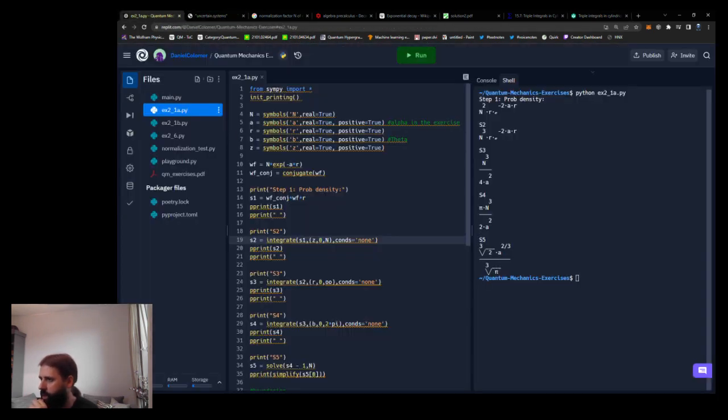But essentially it's, so we do z first from 0 to n, we're saying. The radius can be 0 and infinite.